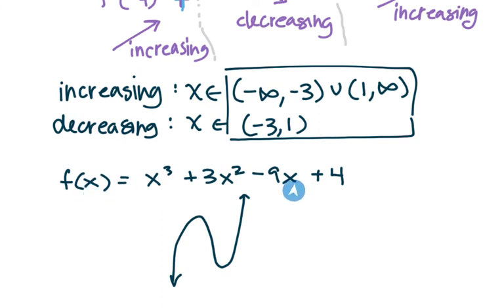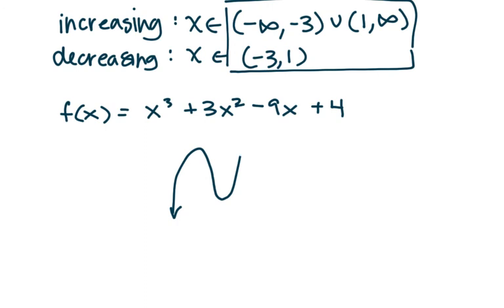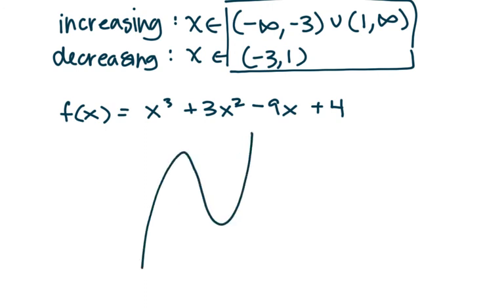And if we look at graphing the originally given function in our calculator, we get a cubic curve which looks like this. If we zoom out or change our graphing calculator around a little bit, we're going to find that we've got some x value here at -3, f of -3, and the next value here at +1, f of 1.